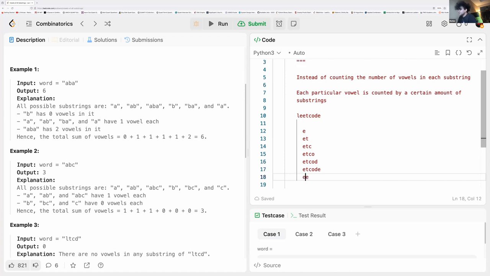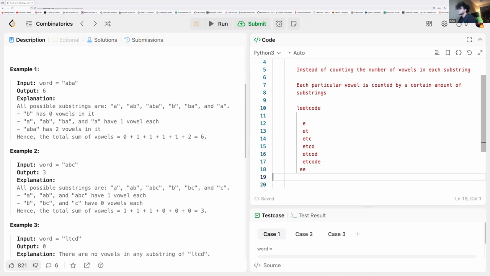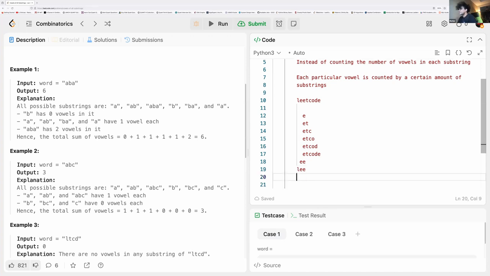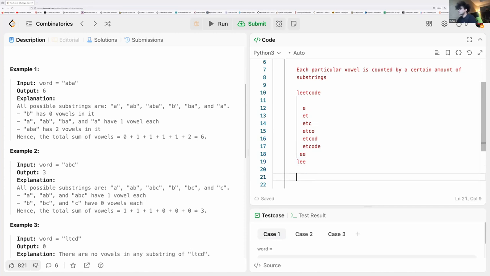We have EE, we have LEE, and we can have combinations of these top and bottom ones. For example, I could have EETCO.